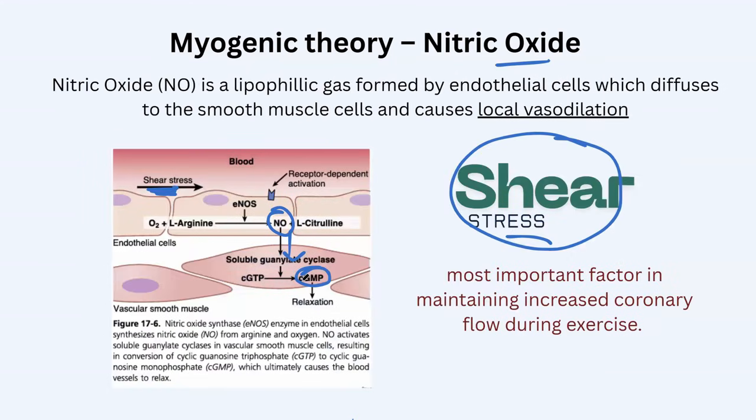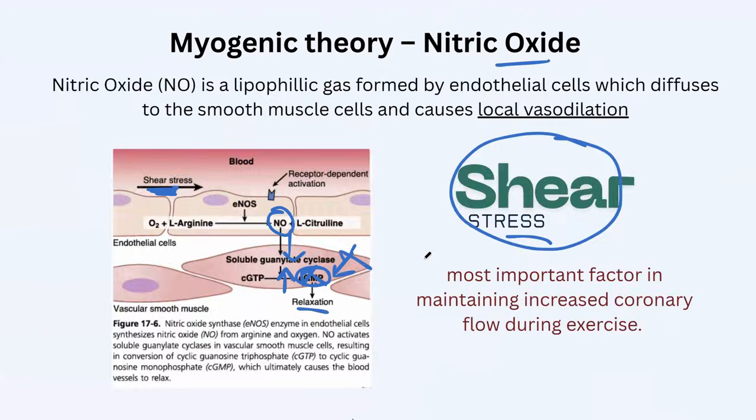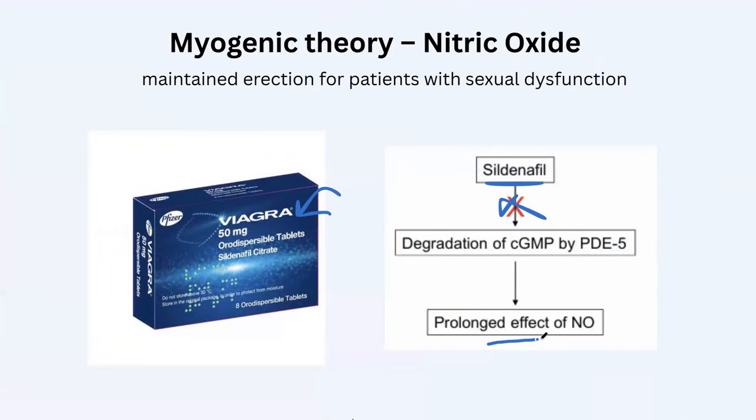Because remember here, cGMP is the one that causes relaxation. If this is broken down, relaxation is going to stop. It's going to constrict again. So you want to maintain the relaxation, which means that you want to maintain increased levels of cGMP. And whatever enzyme is coming to inhibit cGMP, it's going to block that reaction. So you have prolonged effect of nitric oxide.